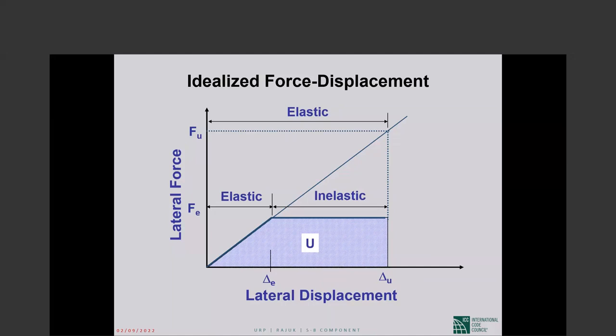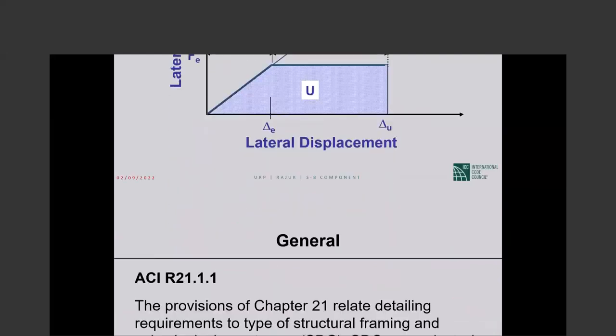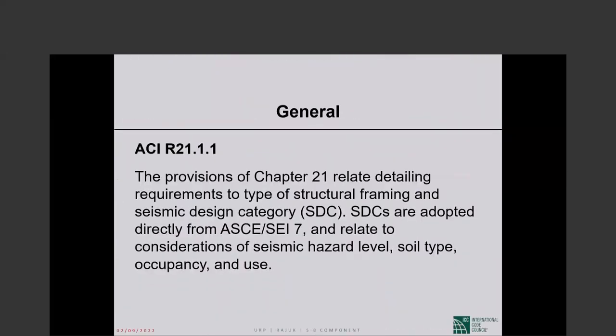And as I mentioned, if your design category is up to B, it is ordinary detailing. Then there are only two requirements in Chapter 21. But if your design category is C or higher, then you go into intermediate or special detailing. And that is the topic that we will spend our time on today.